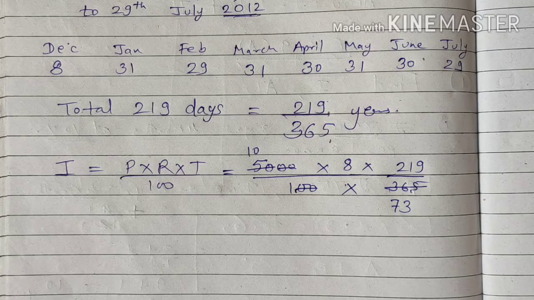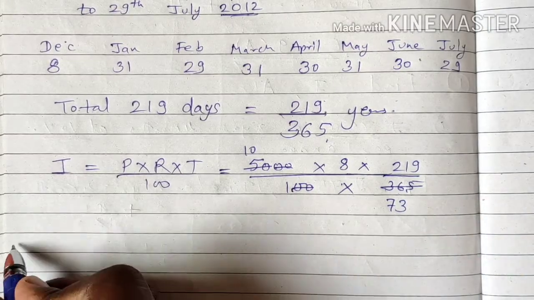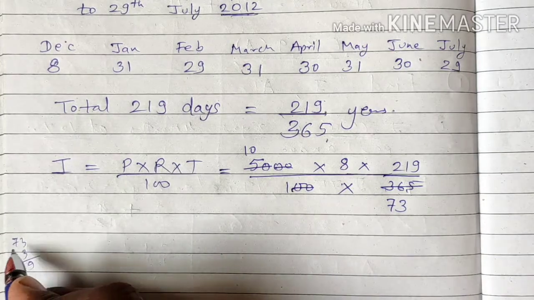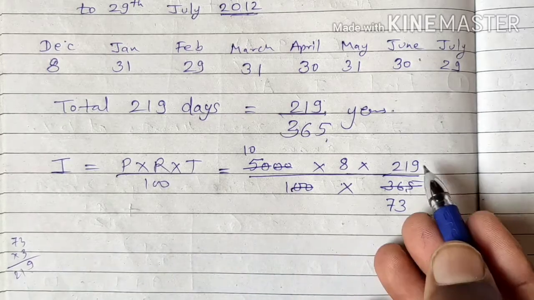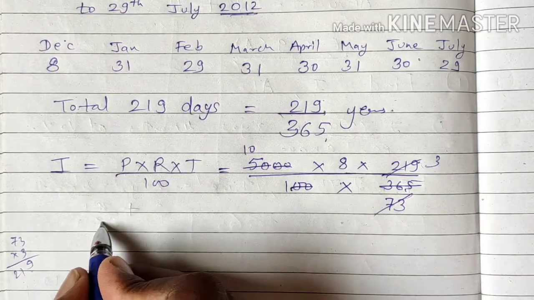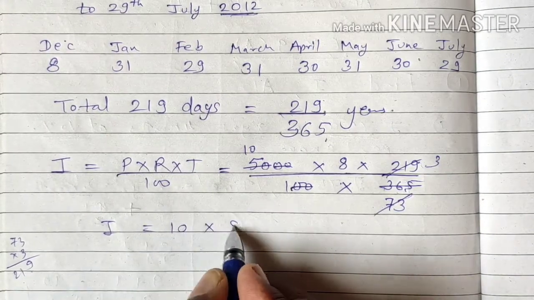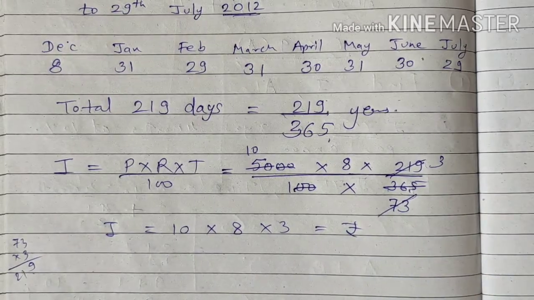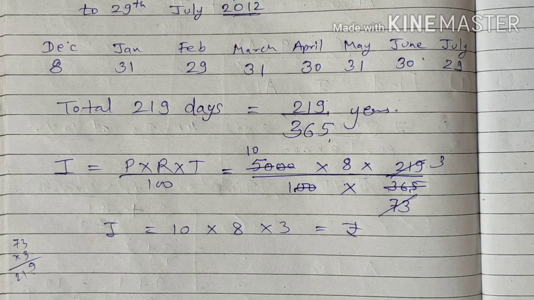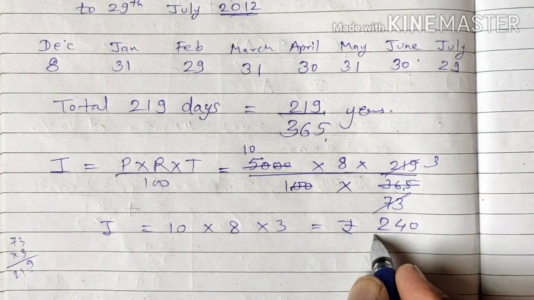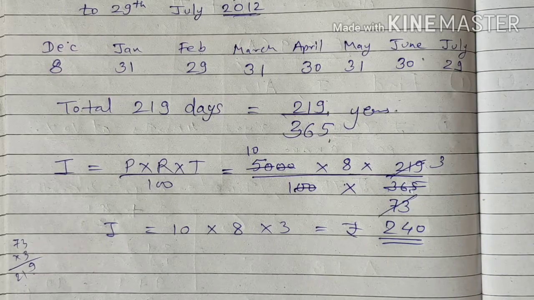Then 73 threes are how much? 73 multiplied by 3: 3 threes are 9, 3 sevens are 21. It is 219. So the interest will be 10 multiplied by 8 multiplied by 3, that is rupees 80 into 3, which is 240 rupees.